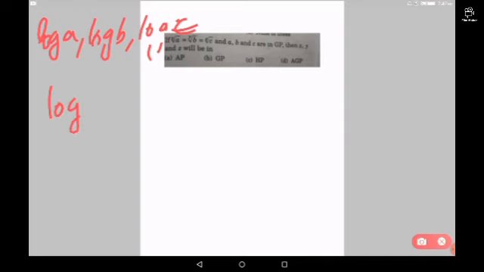You know that if a, b, c are in GP, then log a, log b and log c will be in AP. This is a general thing. So therefore we can say that 2 log b will be equal to log a plus log c.